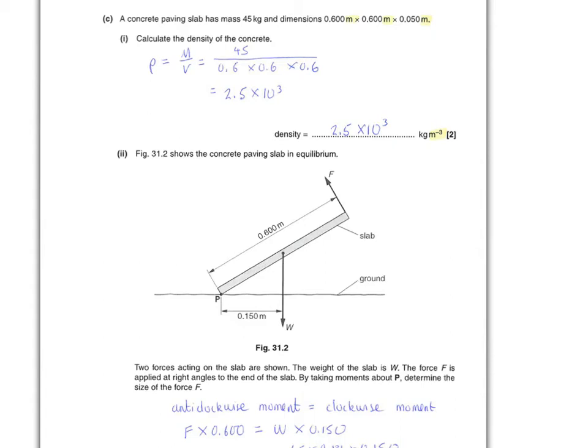So the equation, density is mass divided by volume, comes down first, and then substitution. So mass of 45 divided by the volume. And we notice that the density answer is expected in kilograms per metre cubed.